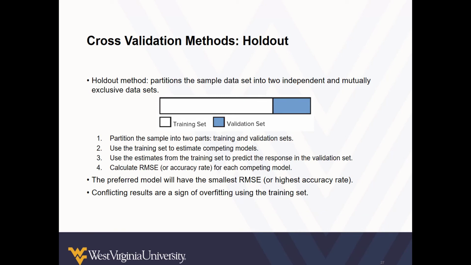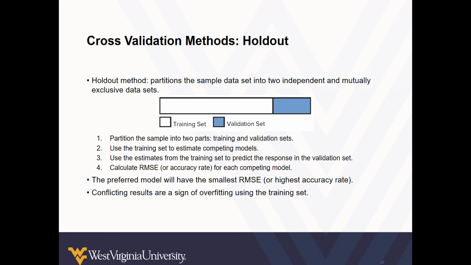One method of cross-validation is the holdout method, which partitions the sample data set into two independent and mutually exclusive data sets. The method is implemented in 4 steps. The first is to partition the sample data into 2 parts, training and validation sets.